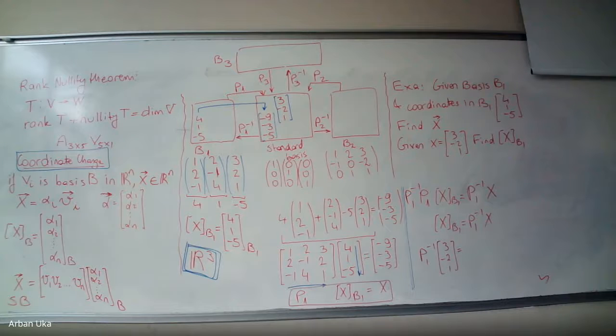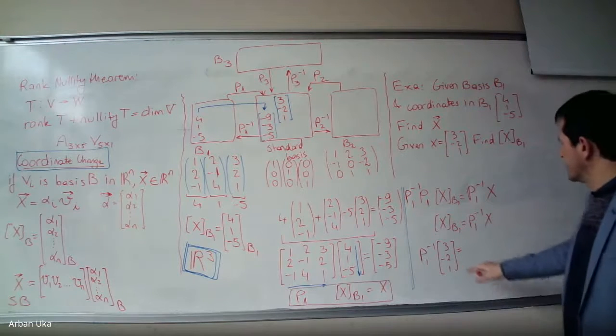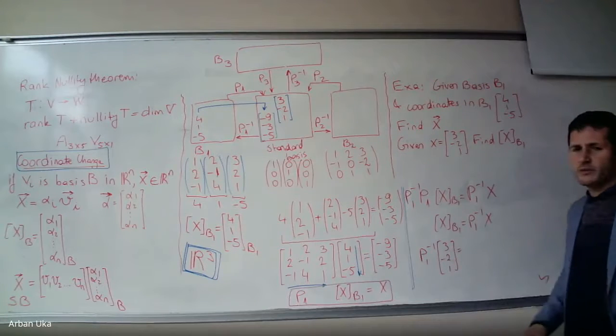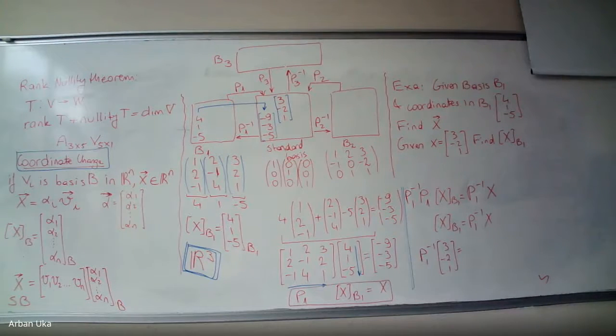Okay, so how can we do it? We said that we have to find the P inverse, and we have to multiply it with the projection of the vector in the standard basis.